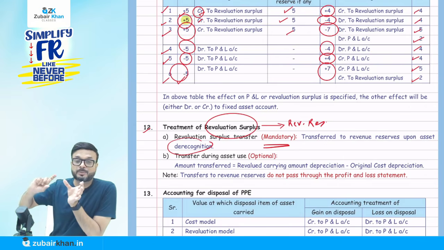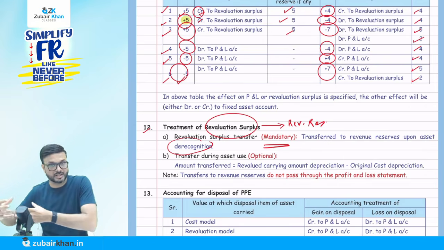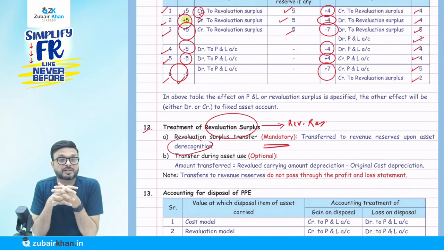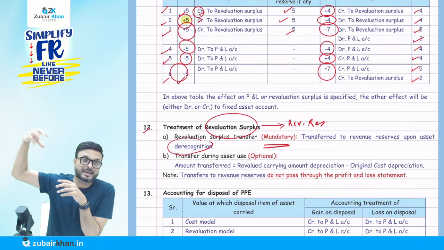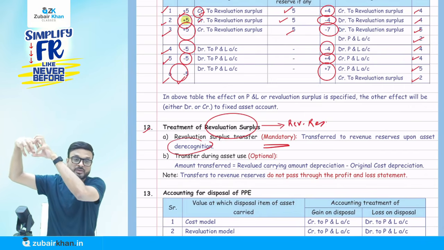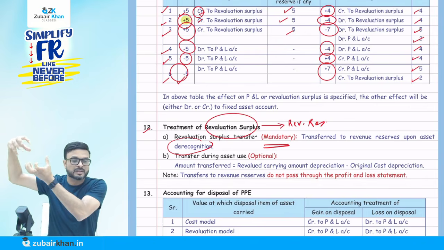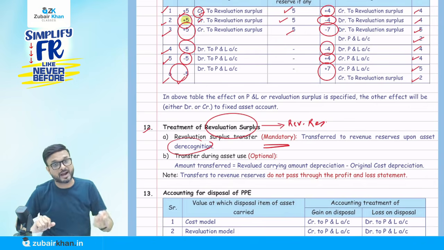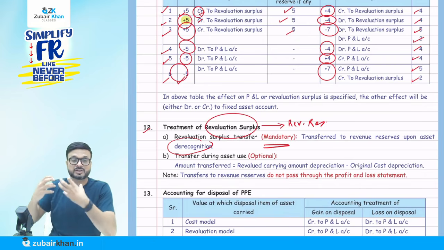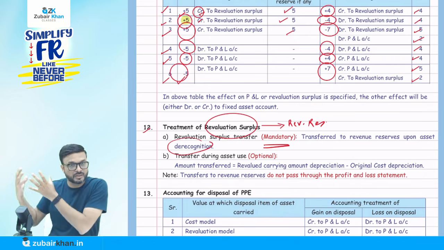Whatever balance belongs to that particular asset in revaluation surplus, we transfer from revaluation surplus to revenue reserve account. Imagine the reserve and surplus account in your mind: you are transferring the balance of revaluation surplus to revenue reserve within reserve and surplus only. But it is mandatory to do that when we derecognize any asset and whatever balance in revaluation surplus belongs to that particular asset.